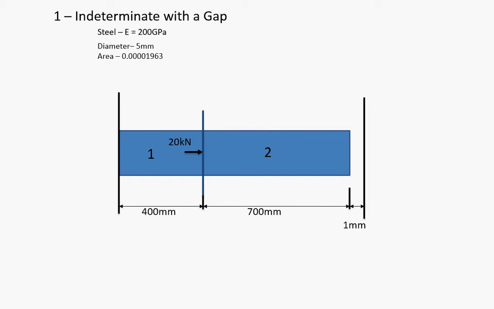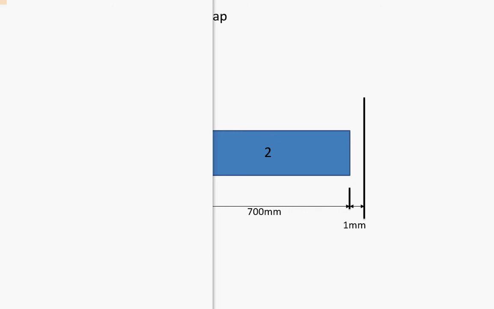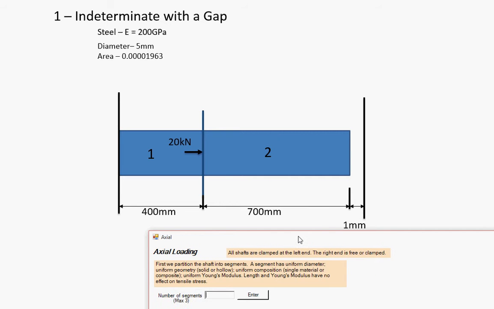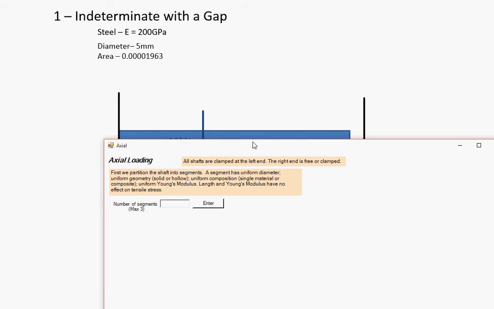The most important thing is a 1 millimeter gap. Let's go ahead and start putting this in the program. You can just ignore that there's a gap for now. It's all uniform geometry, so we can just treat it as one segment.